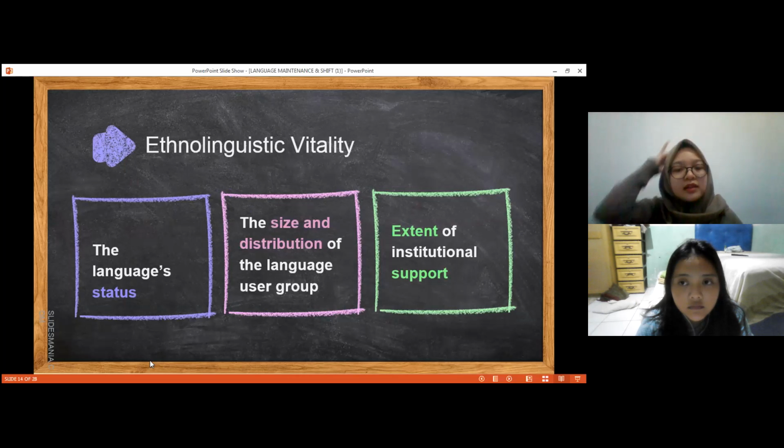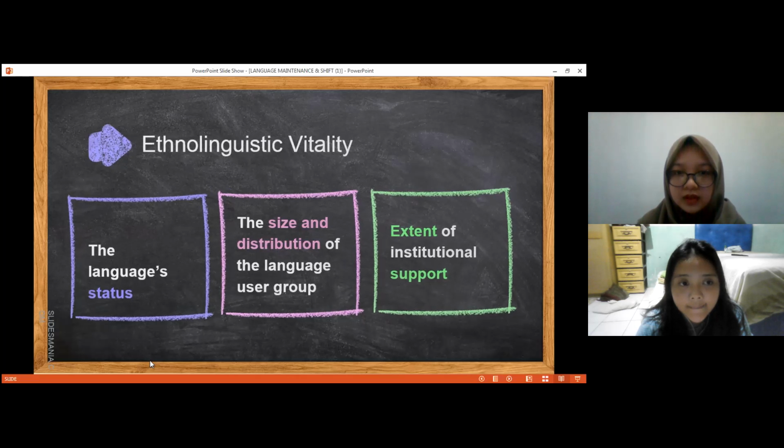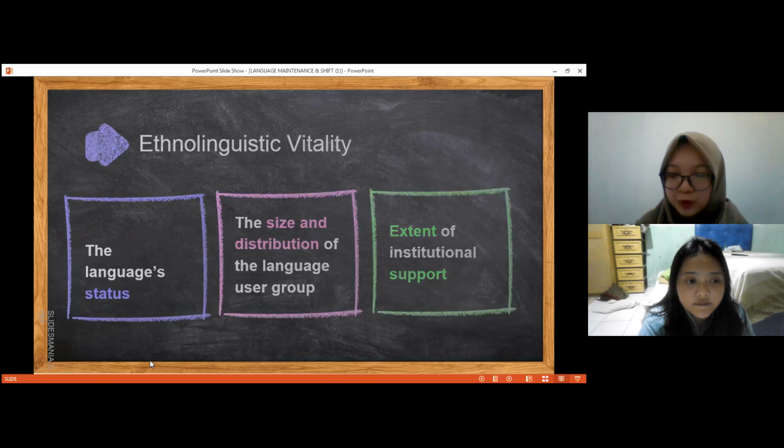Second, the size of the group who uses the language and their distribution, for example, concentrated or scattered. Then the final one is the extent to which the language enjoys institutional support. Then back to my friend Anindya.